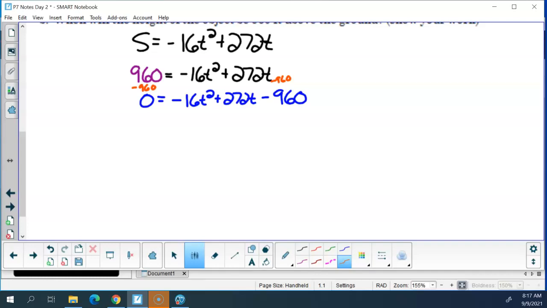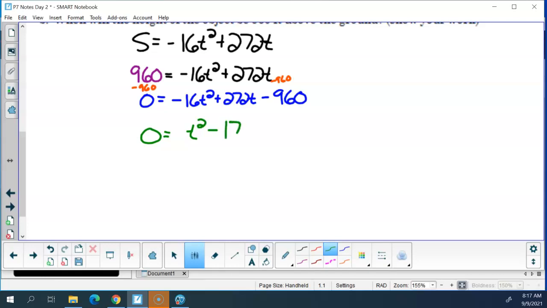Somebody with a calculator, does 16 go into 272? Does 16 go into 960? Because if so, we can factor out 16. It does? Okay. So let's factor out a negative 16 then. 272 divided by 16? 17.